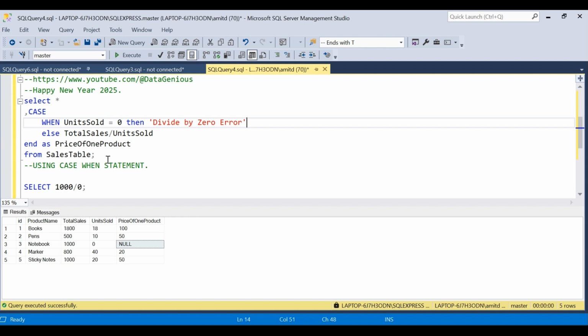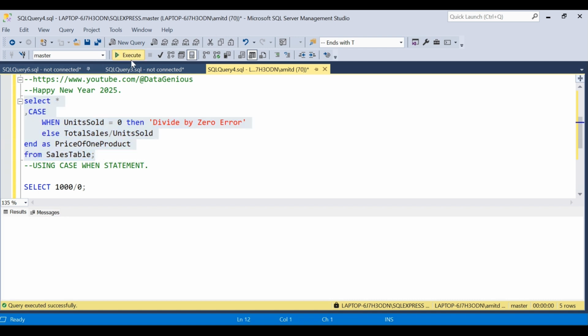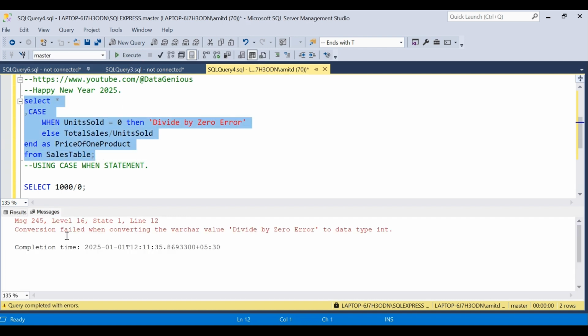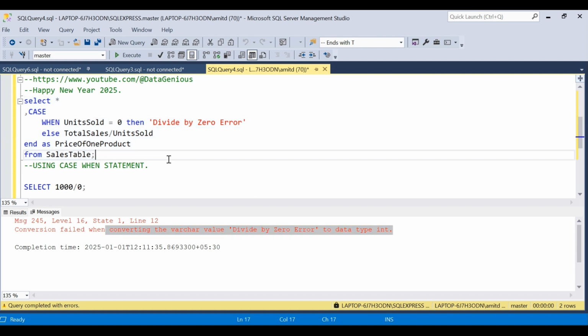If I run this one, it will give an error: conversion failed when converting the varchar value 'divided by 0' to data type int, because this particular line will give the integer data type, and this is a string, this is varchar.